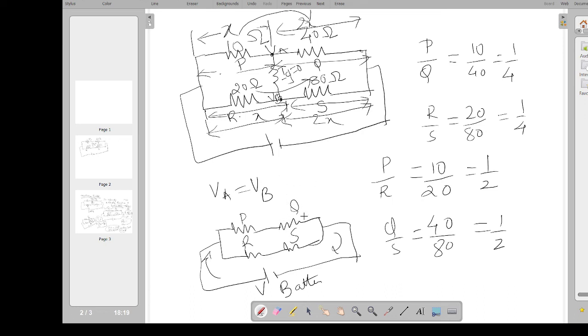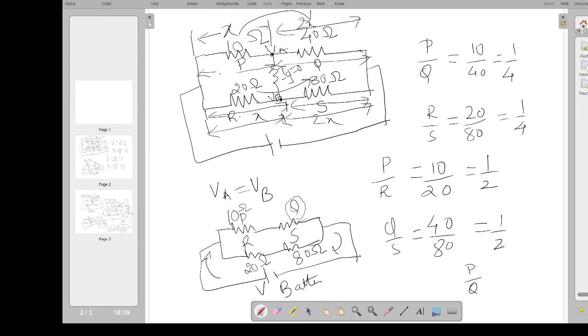in this Wheatstone bridge, even if I don't know the value of Q, I know only the value of P as a 10 ohm resistor, R is a 20 ohm resistor and S is an 80 ohm resistor, then how to find the Q value?